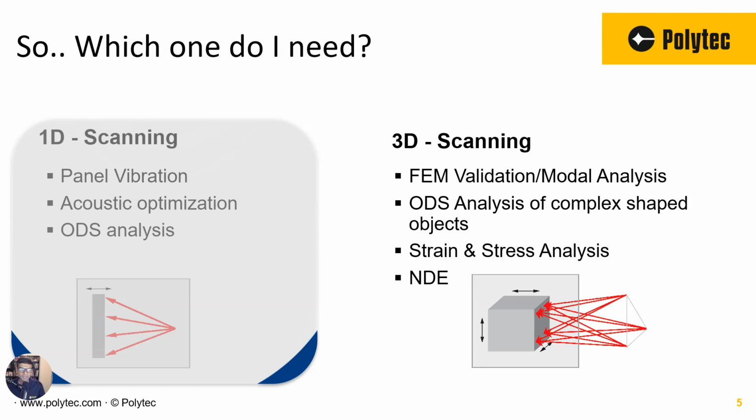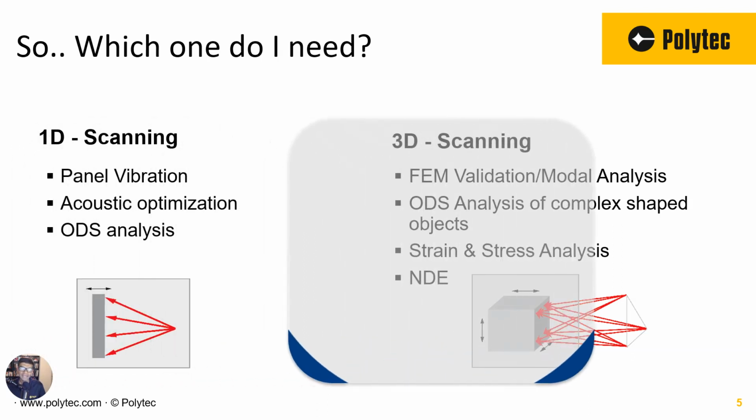Uniaxial motion, so flat panel vibrations. If you're into boundary element or acoustic analysis, then mostly you're interested in surface normal velocities. So there it's okay, you can use it. Or if you're just into simple ODS, operating deflection shapes, you just want to see what's happening. You're not getting into any correlation work. So in all those cases, 1D scanning is fine.